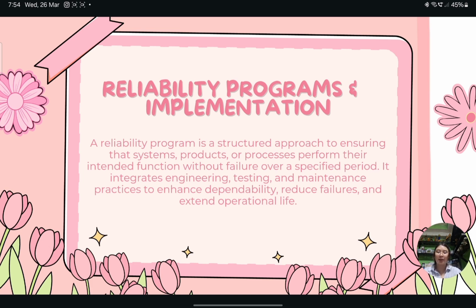Reliability programs must be embedded from the design stage to the final product. For example, an automotive company integrates failure testing in early prototypes. Car manufacturers conduct crash tests and accelerated life tests on airbags, ensuring they deploy correctly over years of usage.